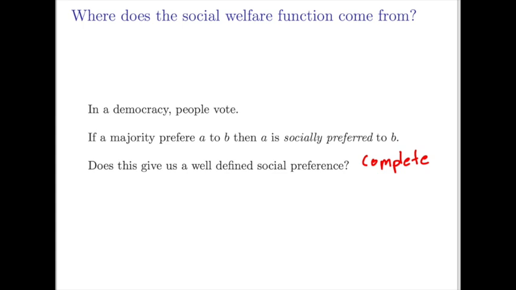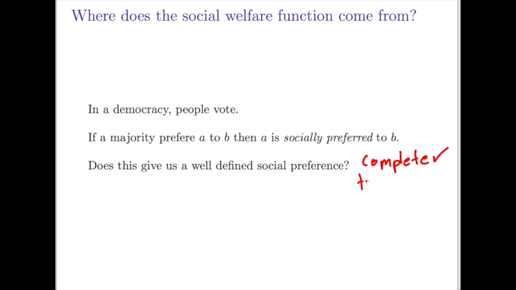The response is never, well, we don't really know how we compare A and B. So when each individual has a complete preference and can therefore make a comparison between A and B, then indeed, if we use the majority to determine whether A is socially preferred to B, then the majority social welfare function is going to be complete as well.